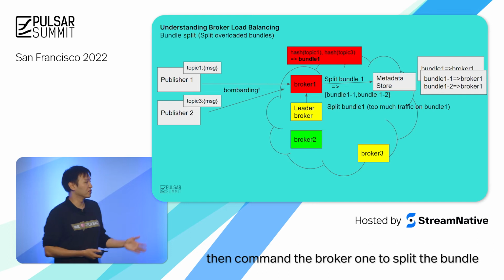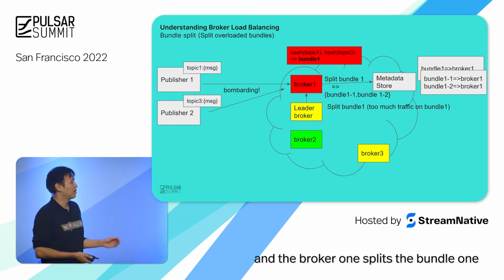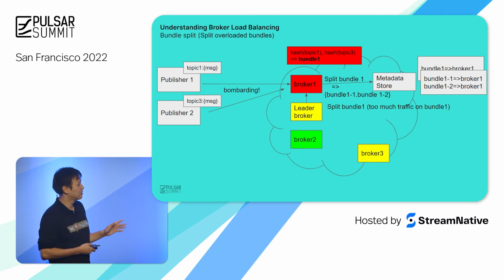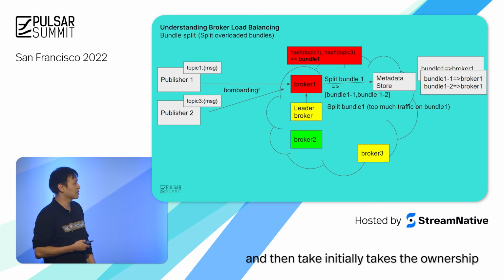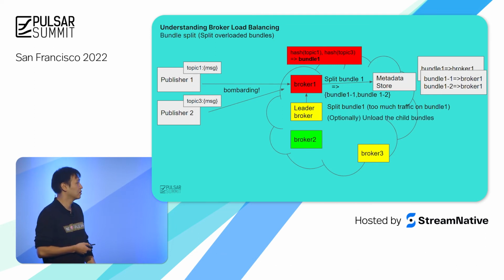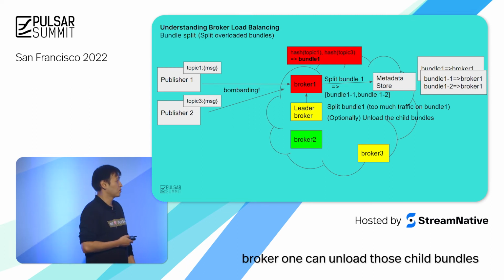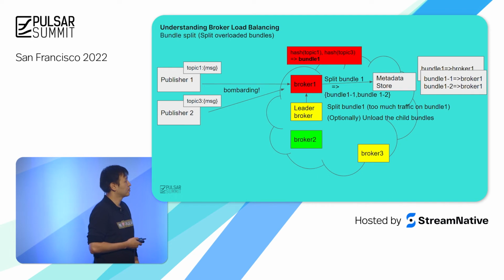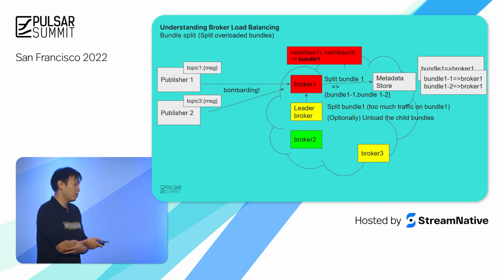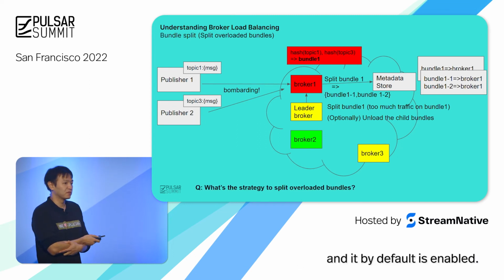Then it commands broker 1 to split the bundle. Broker 1 splits bundle 1 into two child bundles, and then takes the ownership of these 2 child bundles in the metadata store. Then optionally, broker 1 can unload those child bundles. This optional unload is configurable, and by default it is enabled.